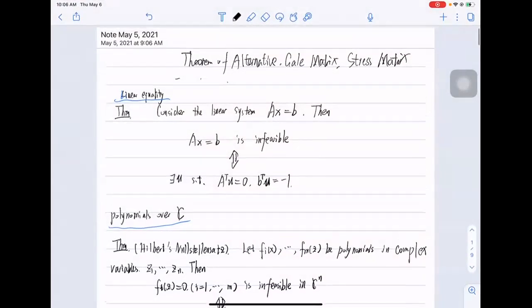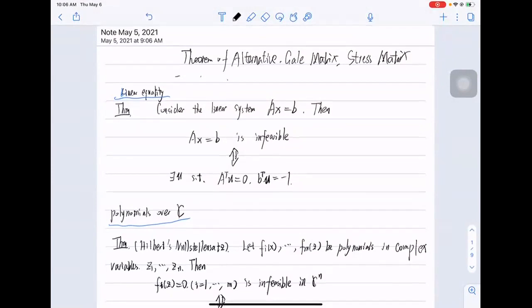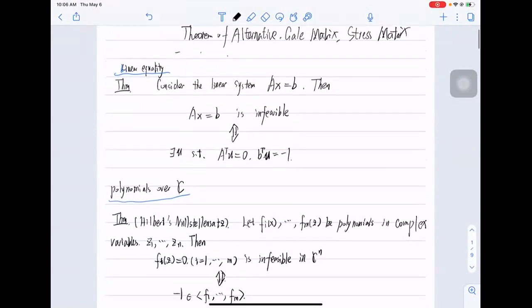So on Tuesday, I talked about the infeasibility certificate, right? So basically we have a theorem like that. For a linear equality system, if you want to certify infeasibility, then we have another problem which is feasible.